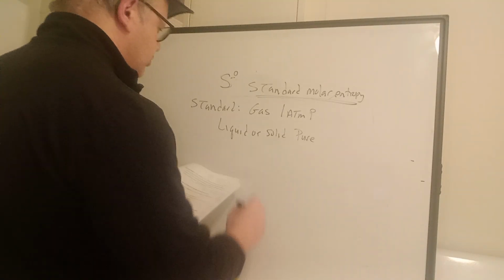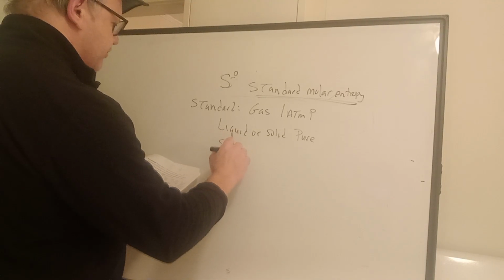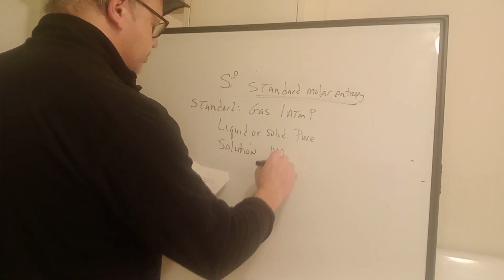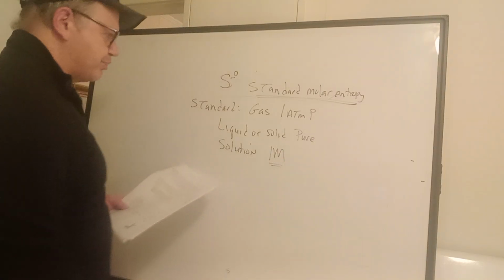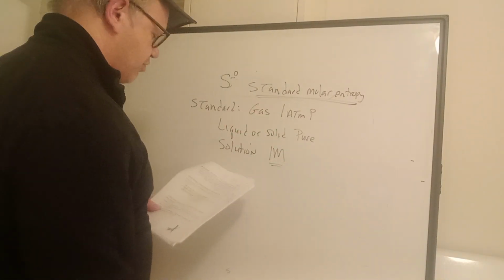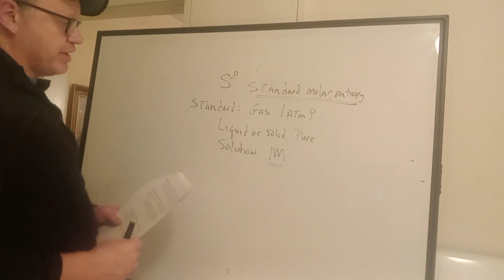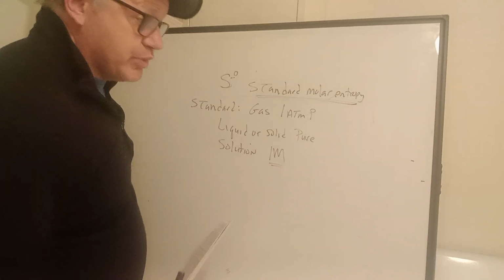And if it's in solution, there's different conventions. I'm going to use the one the textbook uses. We'll say it's 1 molar. There are conventions where they use 1 mol. And there's also conventions where they use 1 bar of pressure, but it's very close to 1 atmosphere. Standard conditions are independent of temperature, but they do vary with temperature.